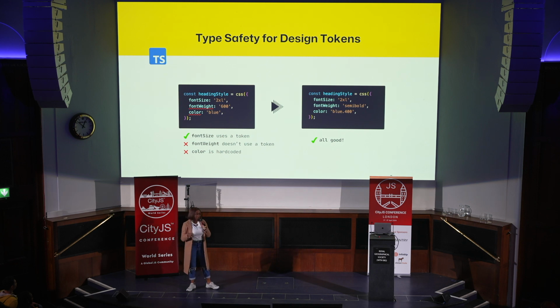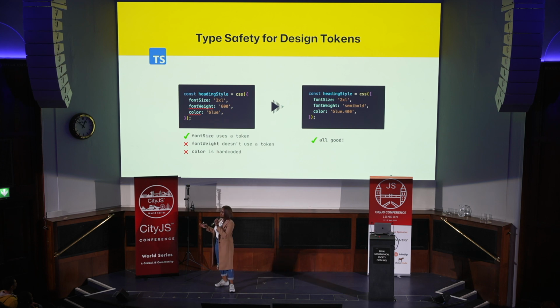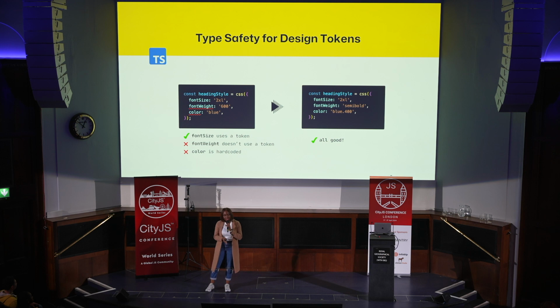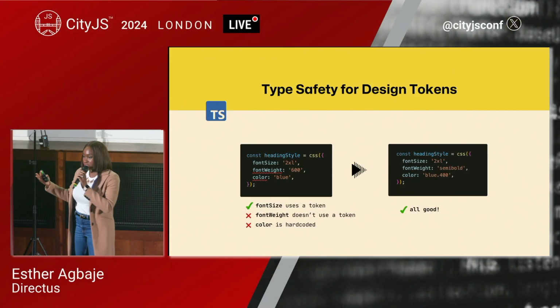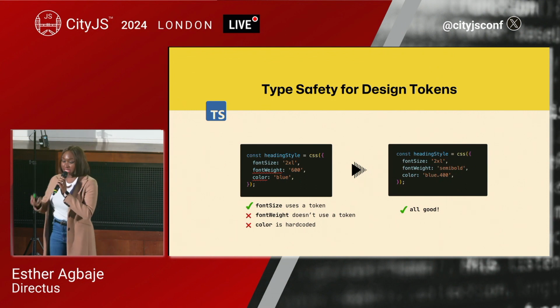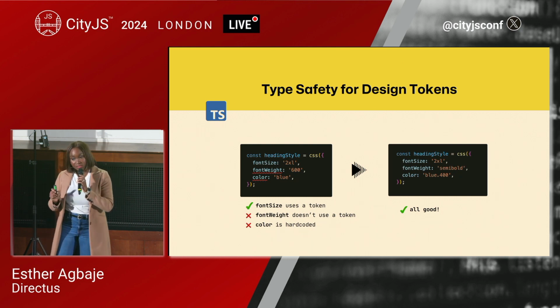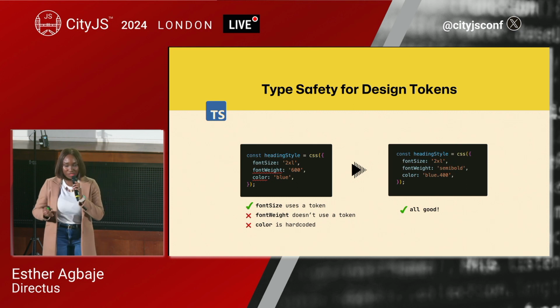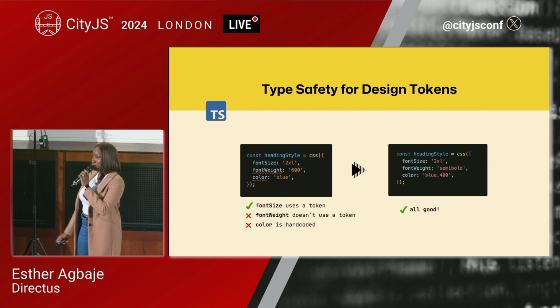And this is especially useful for teams that have design systems, so that if anyone on your team is writing styles and uses a style that is not defined as a token, you immediately get an error. So you can see a red squiggly line on the font weight and the color property because someone is using a token that is not specified. Whereas with CSS in JS, you get type safety. You can set type safety for your tokens. And when you use tokens that are specified, everything looks really good. And this is what we want in our teams.